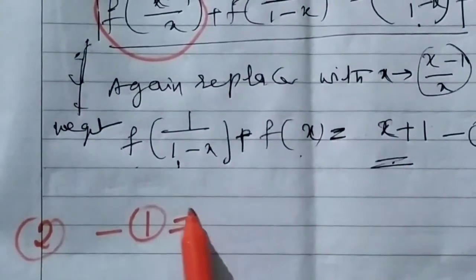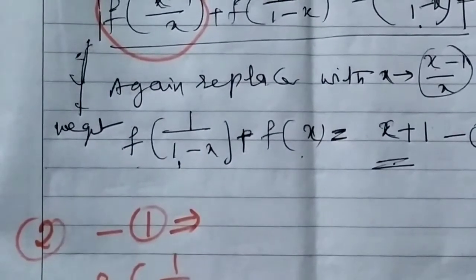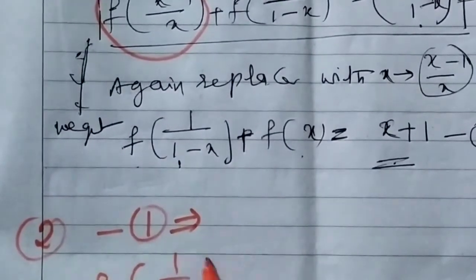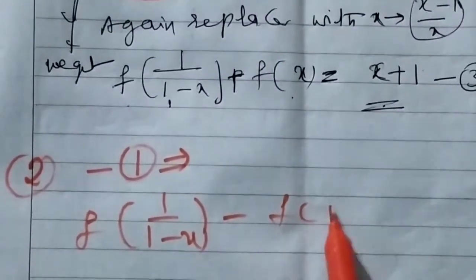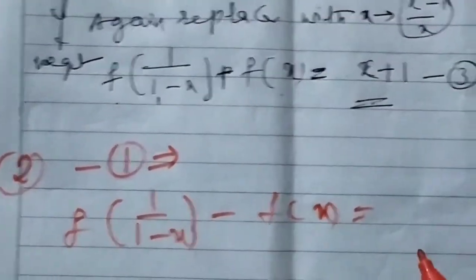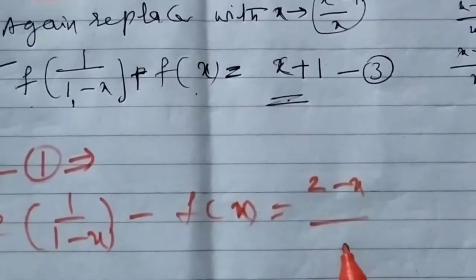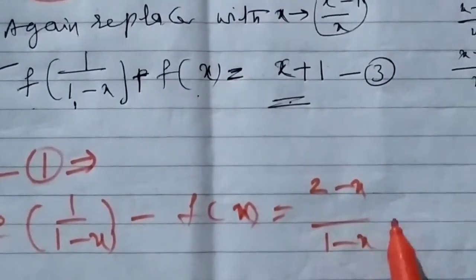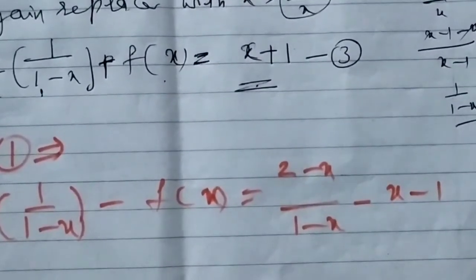By doing this transformation we are getting f of 1 by 1 minus x minus f of x is equal to 2 minus x by 1 minus x minus x plus 1 minus x minus 1.